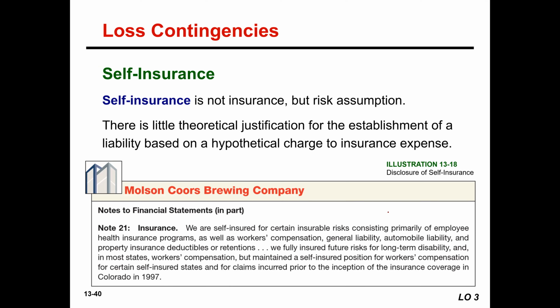We fully insured future risk for long-term disability and in most states workers' compensation, but maintained a self-insured position for workers' compensation for certain self-insured states and for claims incurred prior to the inception of the insurance coverage in Colorado in 1997. Anyway, it's just showing us an example of this.